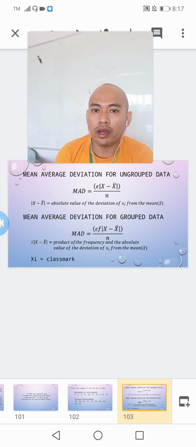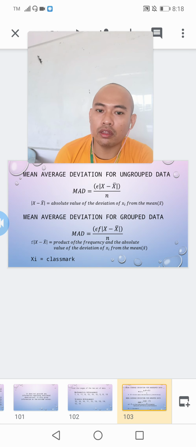It is given by the summation of the absolute value of x minus x bar, all over n, where the absolute value of x minus x bar is the absolute value of the deviation of the x sub i from the mean.